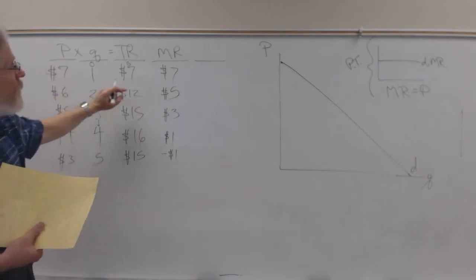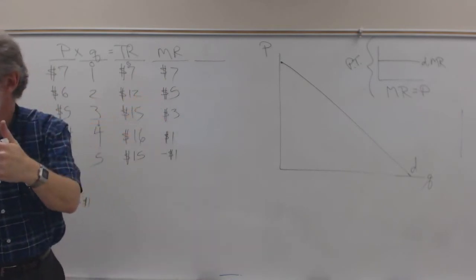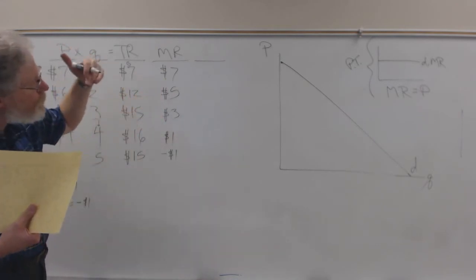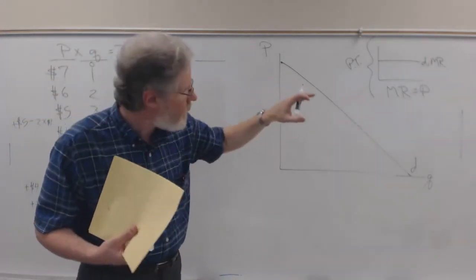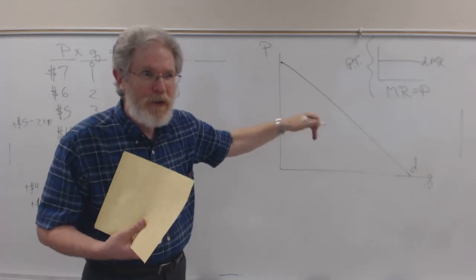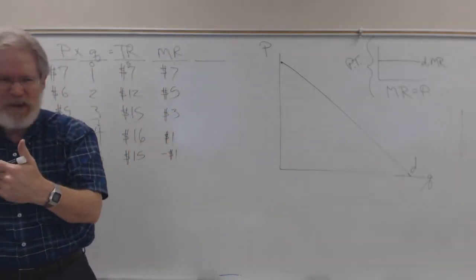But what happened to marginal revenue? It goes down by $2, which means the marginal revenue curve is going to be steeper than the demand curve. The marginal revenue is falling faster than the price.